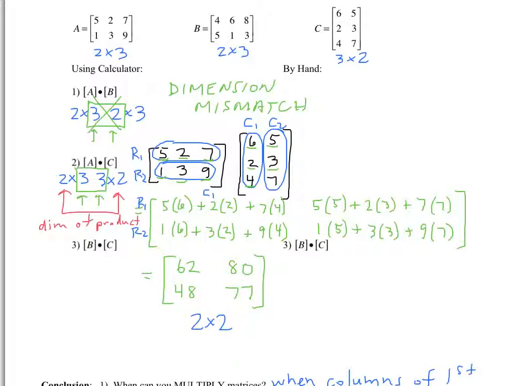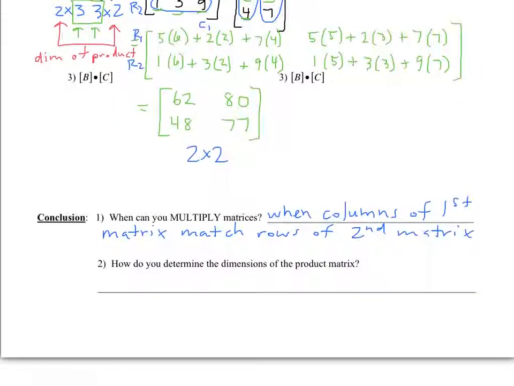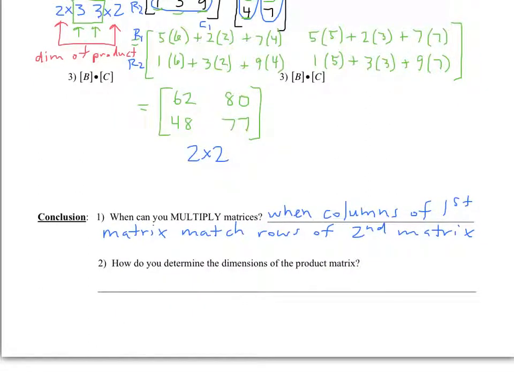So let's go down to the bottom and fill that last portion out. How do you determine the dimensions of the product matrix? It's simply the rows of the first matrix by the columns of the second matrix.